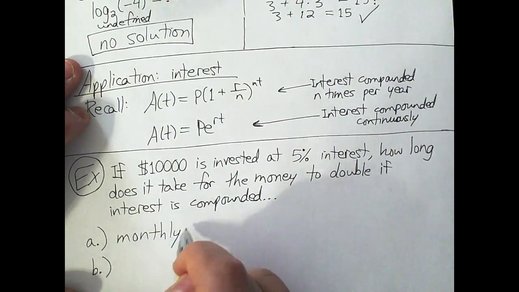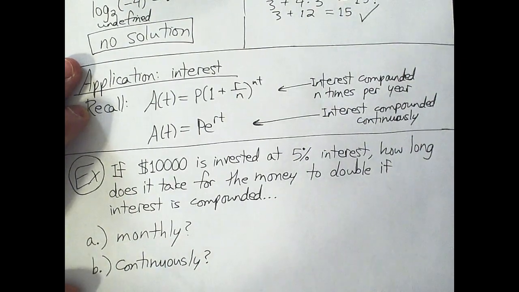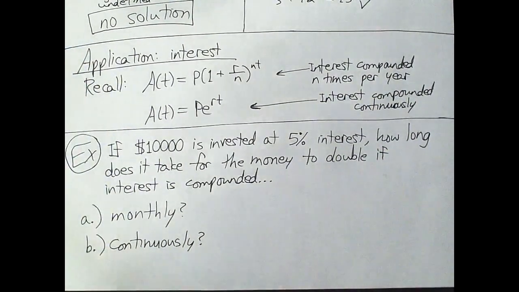Part B, continuously. Now, I said that I was going to talk us through this problem, but I'm just going to give you a minute in case you're writing that down.